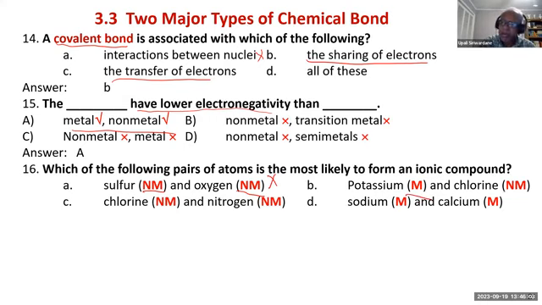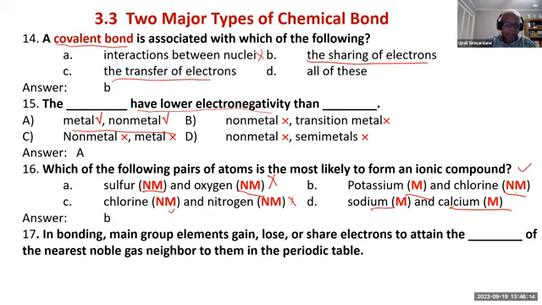Potassium is a metal. Chlorine is a non-metal. That is the correct answer. Chlorine and nitrogen are non-metals, therefore this is not forming ionic bond. Sodium and calcium are two metals. They make metallic compounds, alloys. Therefore, that's not the answer. Answer is B.